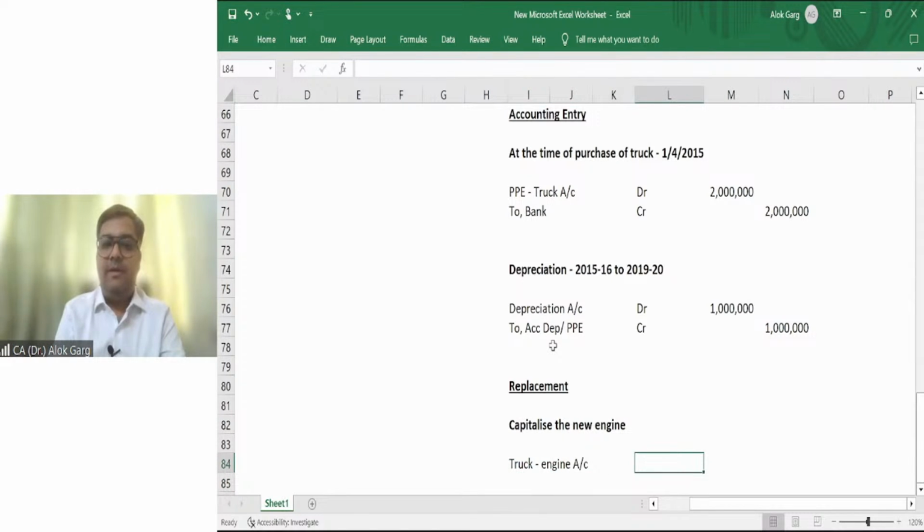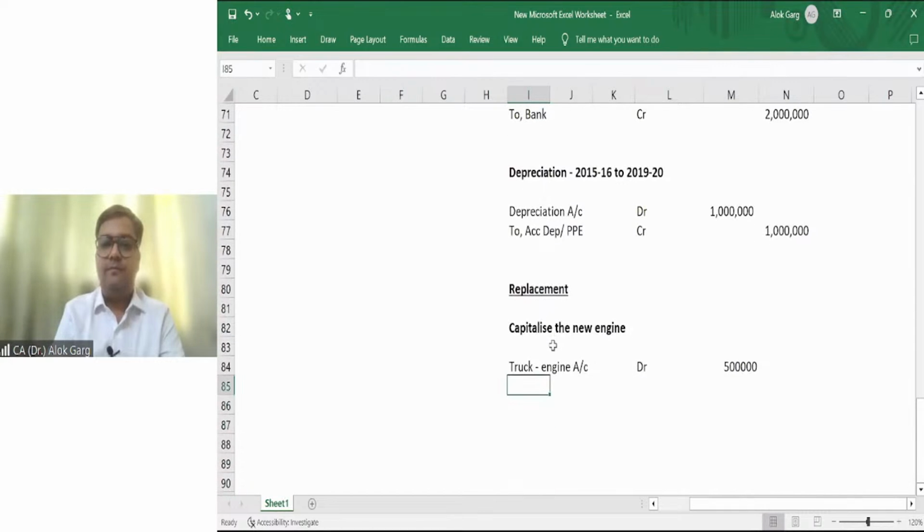How much? 5 lakh rupees. To bank account, credit. Right? Truck engine account debit to bank account.